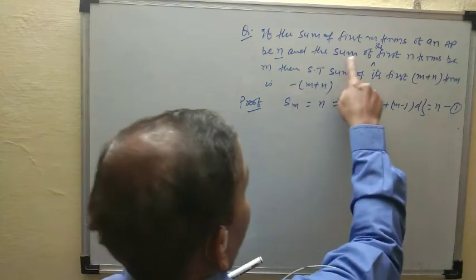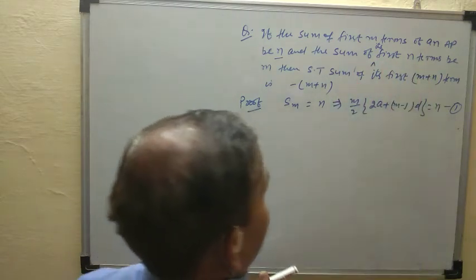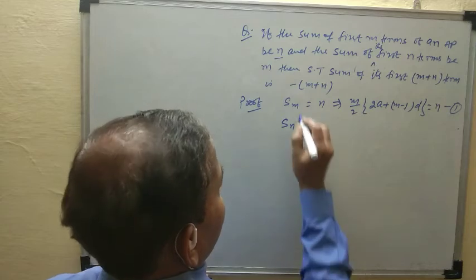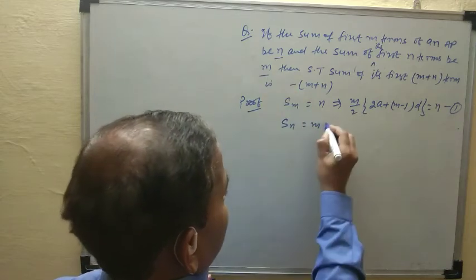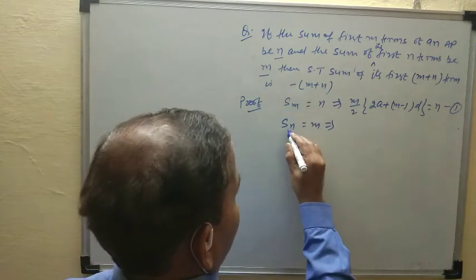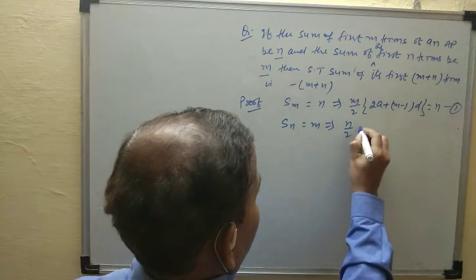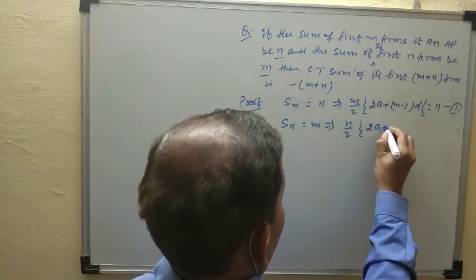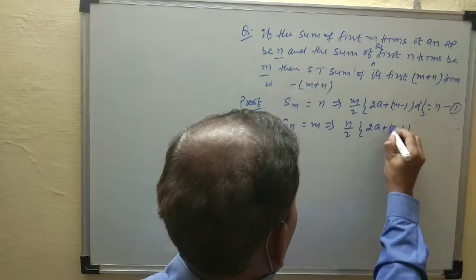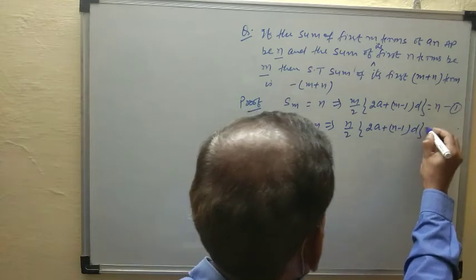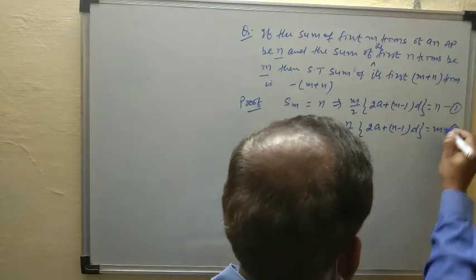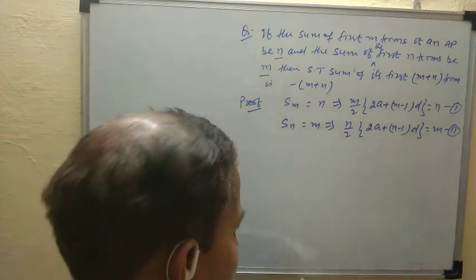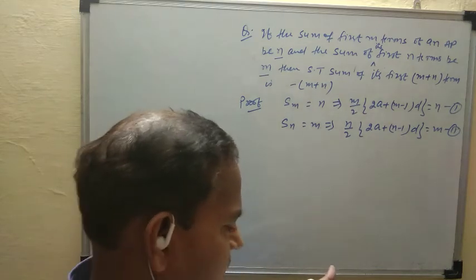And given the sum of its first n terms, Sn is equal to m. So use the formula of Sn: n by 2 into 2a plus n minus 1 into d is equal to m. So two equations are given.